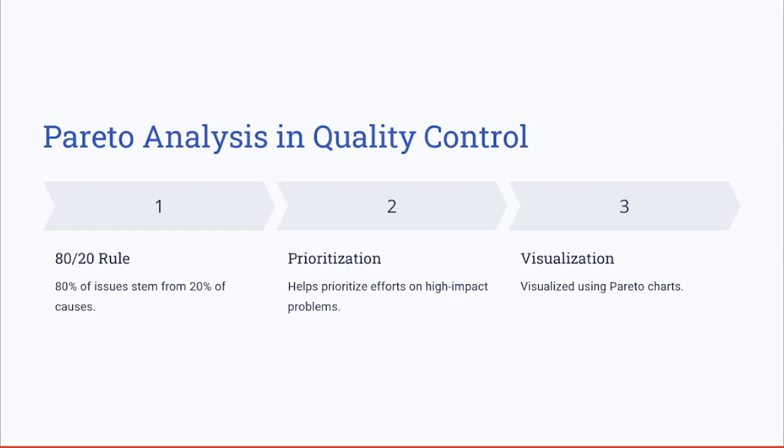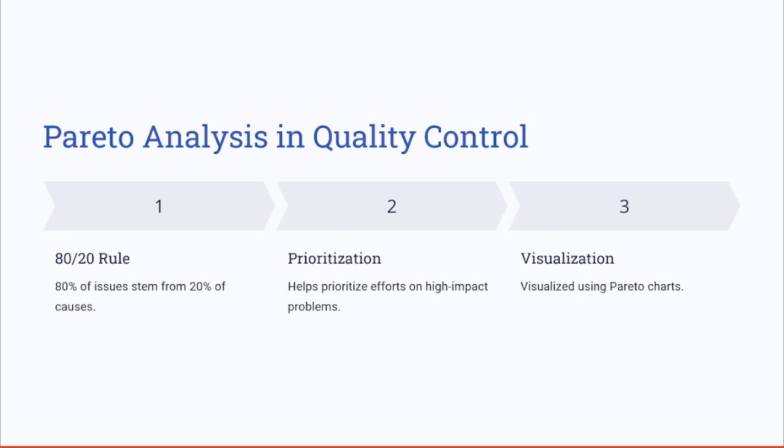Let's take an example in a service industry project. Analyzing customer complaints might reveal that most complaints stem from a few recurring issues, like delays in response time, and addressing these areas can significantly improve the overall quality.